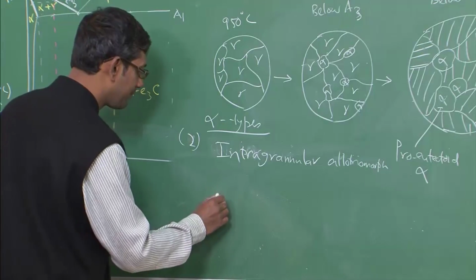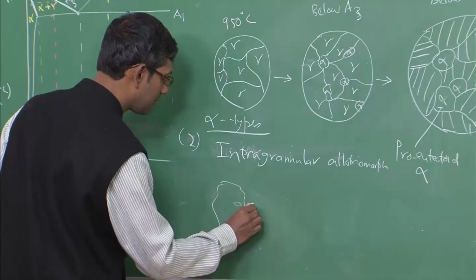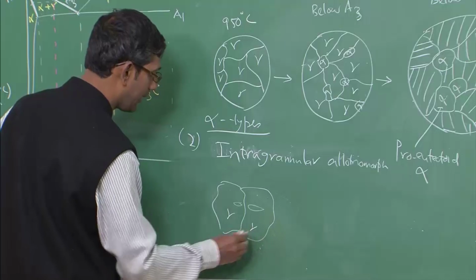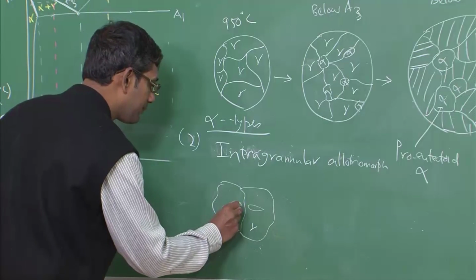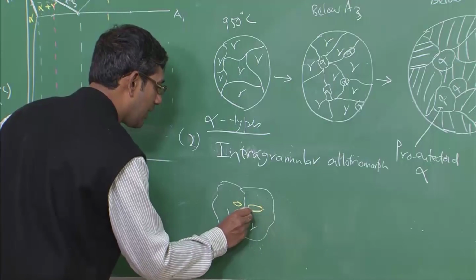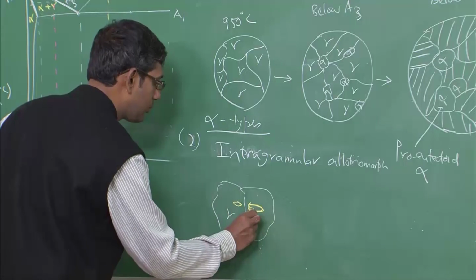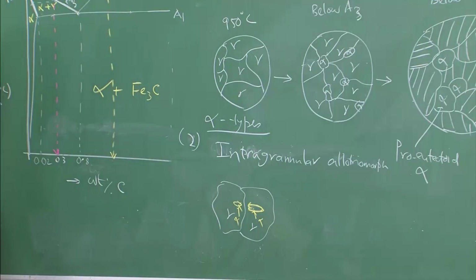So this will be within the grains like this. These are the 2 gamma grains and these are actually 2 alpha. Within the gamma they are plate like or needle like, these 2 are alpha, this is also alpha. This is called intragranular allotriomorph.